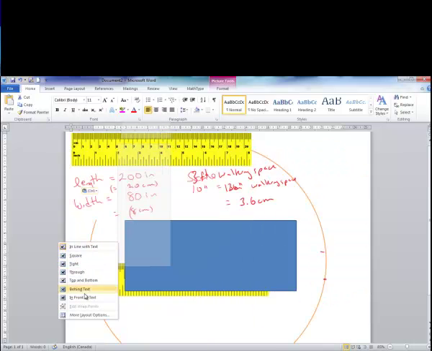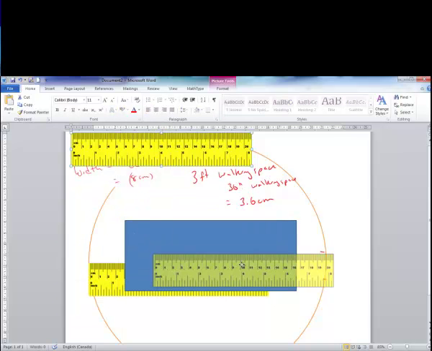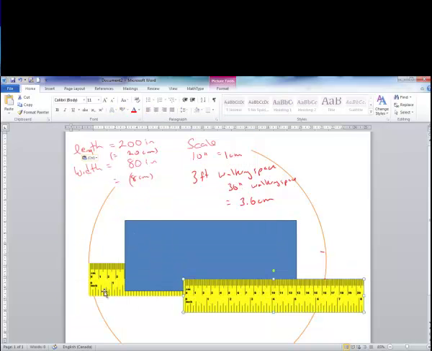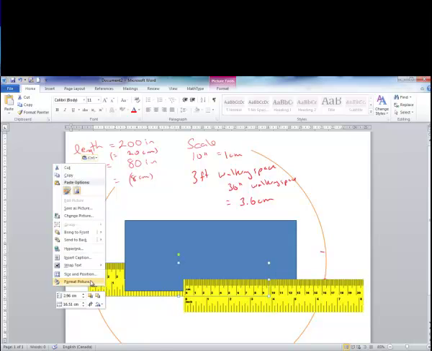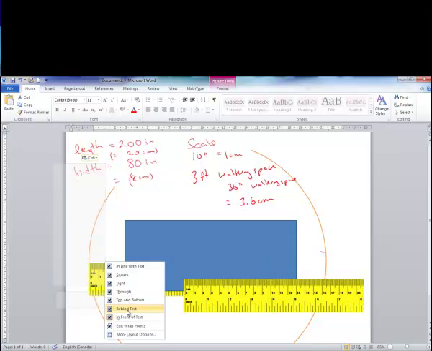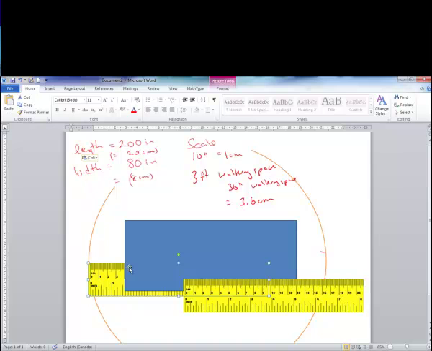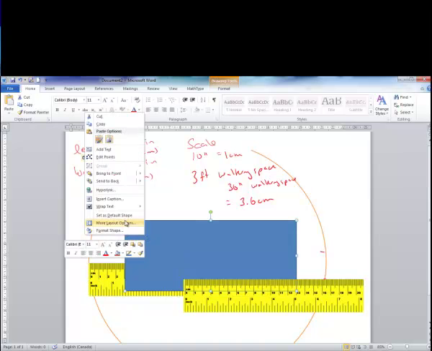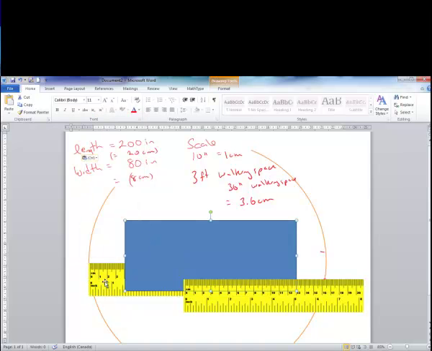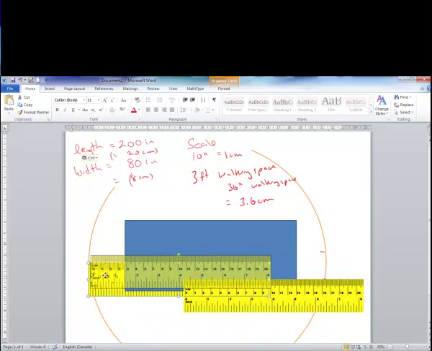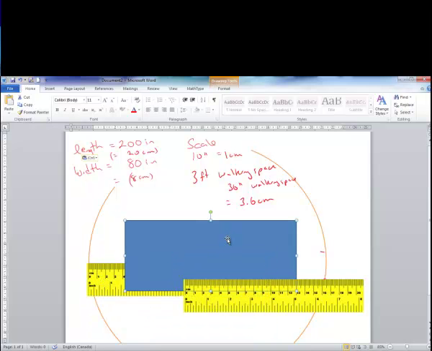Again, this is kind of silly, using a computer to do it. It's much easier if you just did it using send back. Okay, so I take the first ruler. Is it going to come on top for me? No.